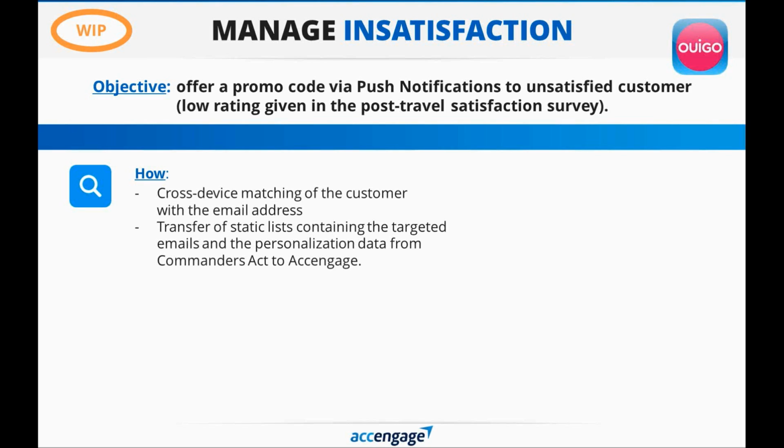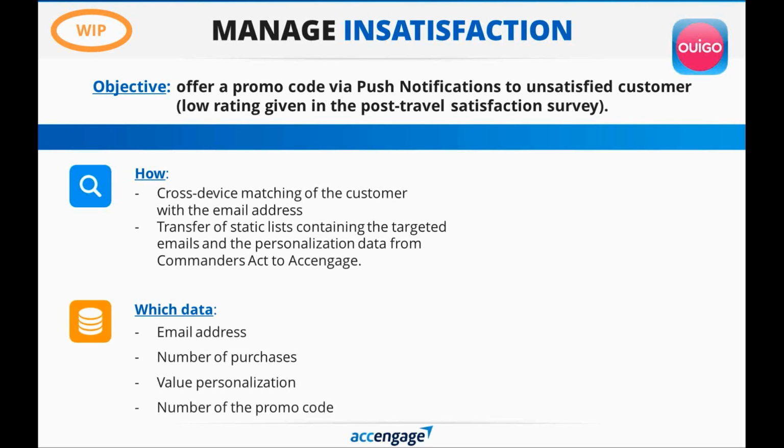That's of course information that the DMP captures. So Commanders Act has access to this information, and therefore they are sending Accengage the list of the users that correspond to that category, with certain personalization fields.